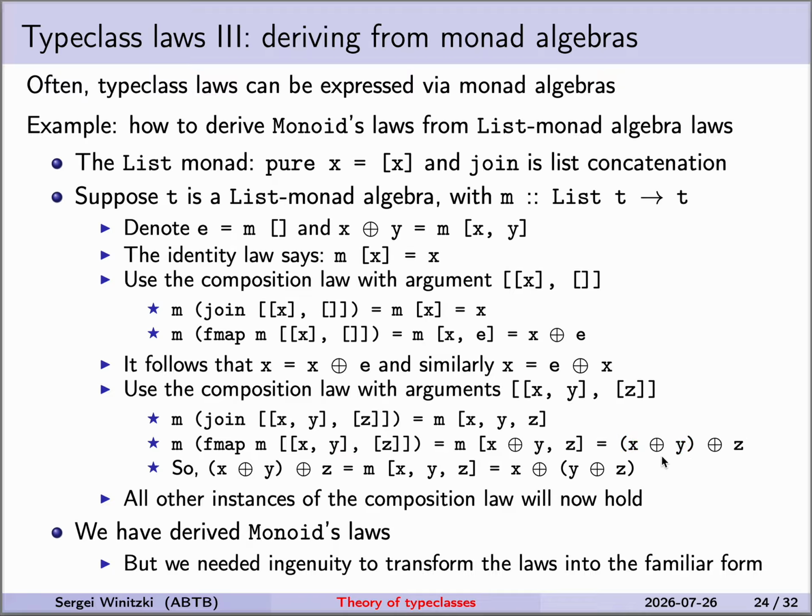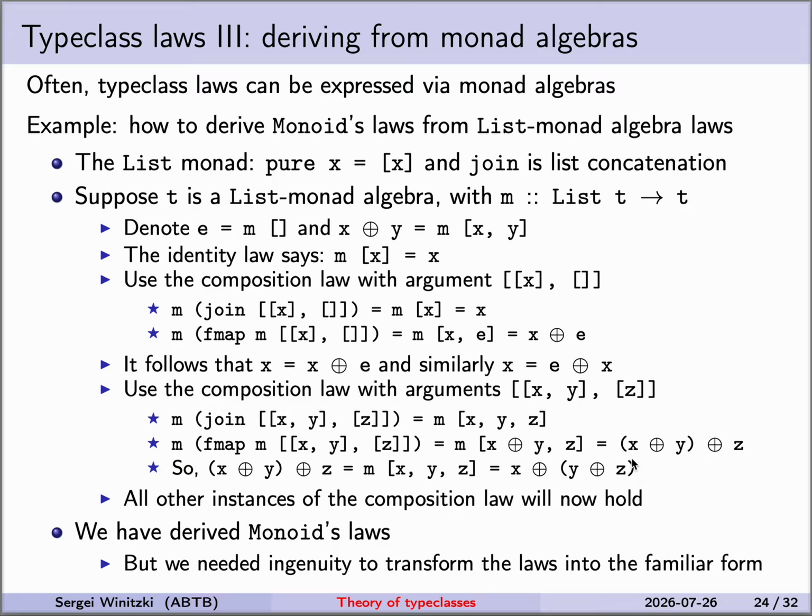That is already interesting, because we can also use x, y, z in a different order: first a list of x, and then the list of y, z, and then we'll get this. Essentially we have derived that this expression is equal to that, which we don't know what it is, but it's equal to that. So this is the associativity law of the monoid.